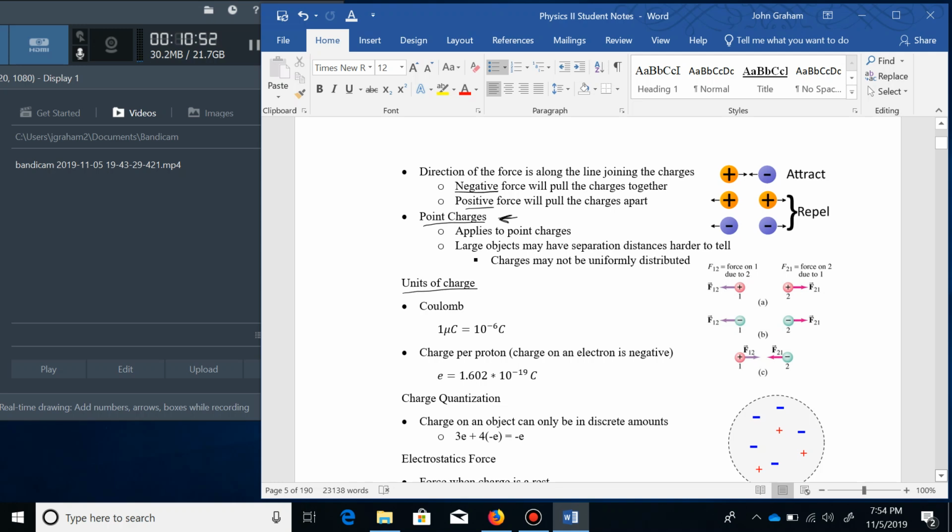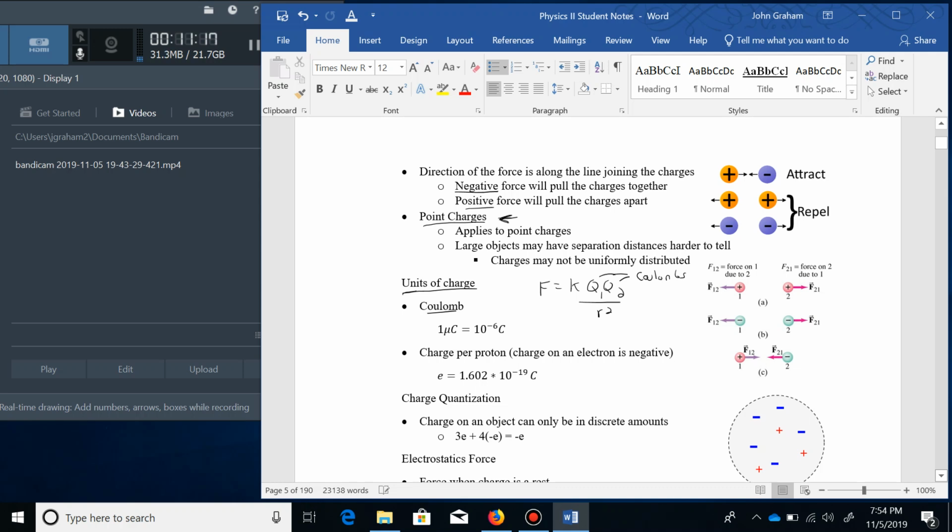This is a unit you have not seen in Physics 1, and it's called a coulomb. Now, in our equation, F equals K Q1 Q2 over R squared, these have to be measured in coulombs. Right?